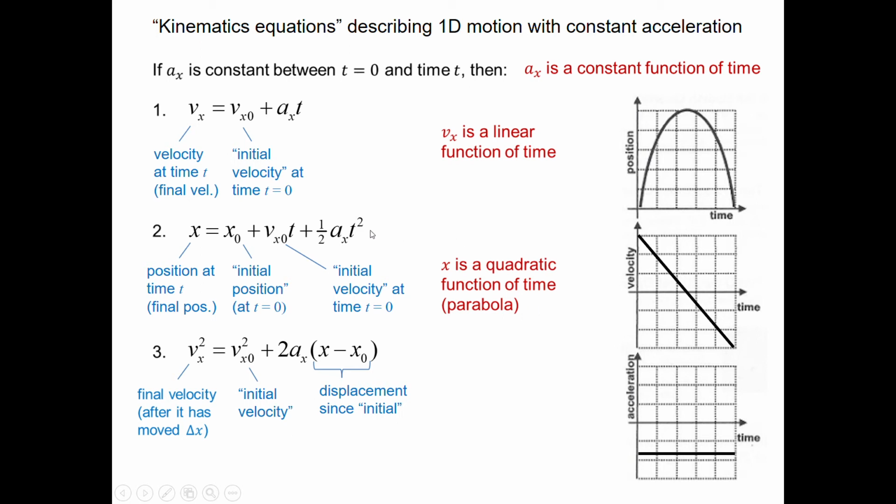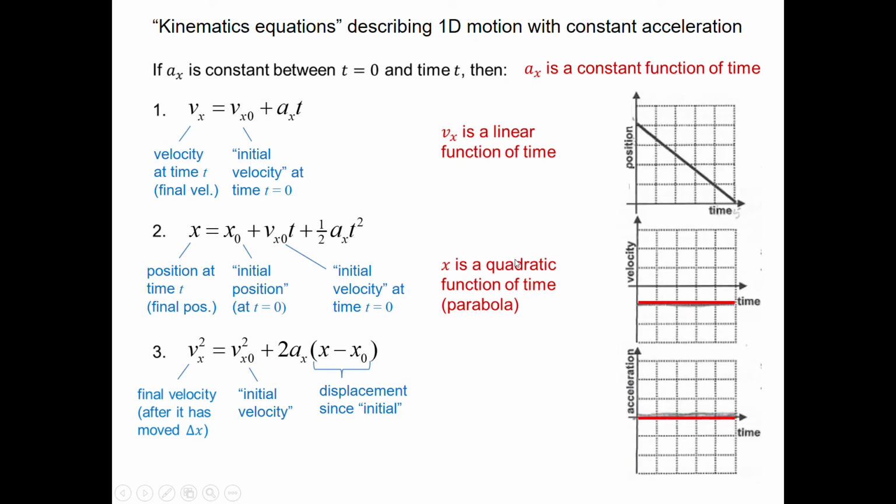That's almost always true, except in the case where ax equals 0. If ax equals 0, that certainly is a case where ax is constant. It might just be constant at 0. If ax is 0, this quadratic term goes to 0, and then x becomes a linear function of time. So these equations are also consistent with that.